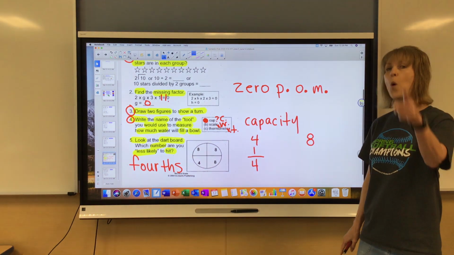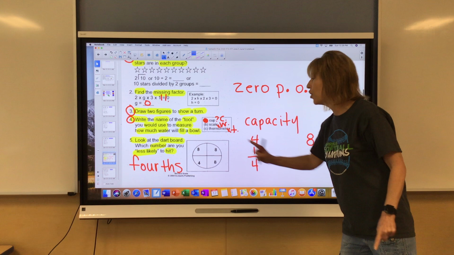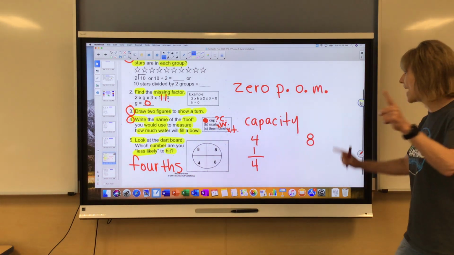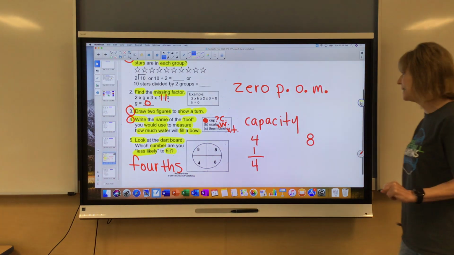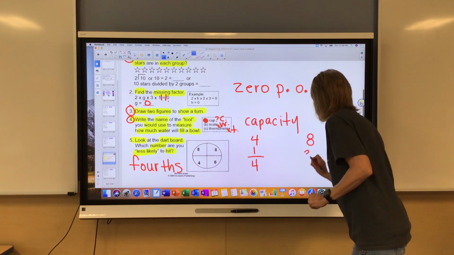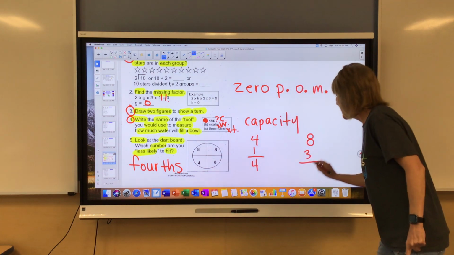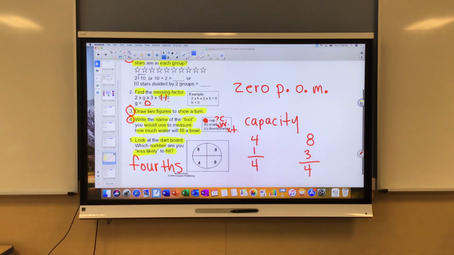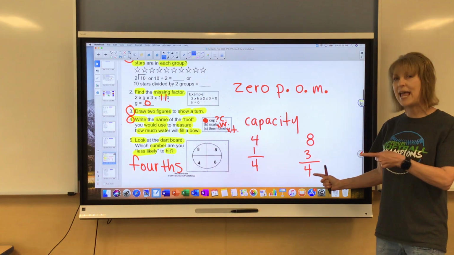So 1/4 or 1 out of 4 of that dartboard has the number 4. What fraction of that dartboard has the number 8? Give it to me, Damien. Damien says, well, I see 3 8s, but my dartboard is partitioned into 4 equal pieces. So 3/4 of that dartboard shows the number 8.